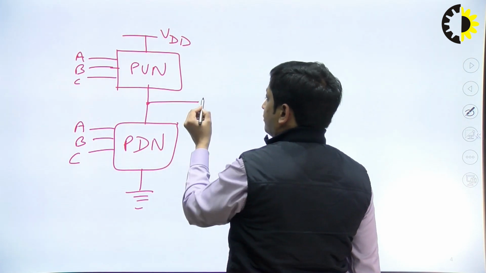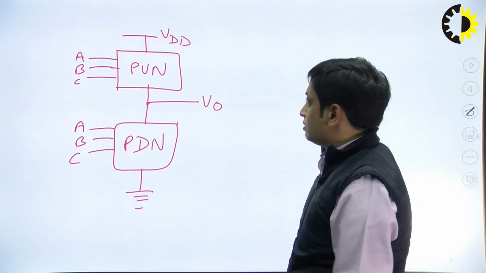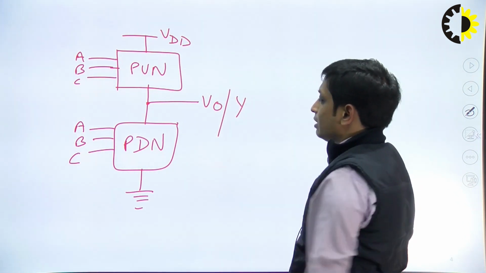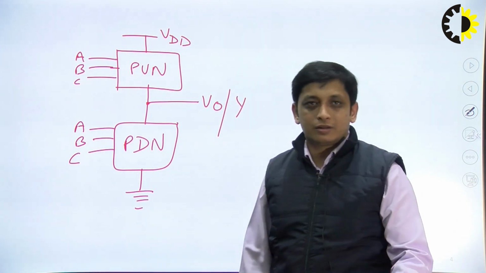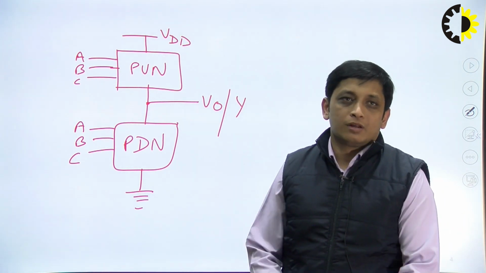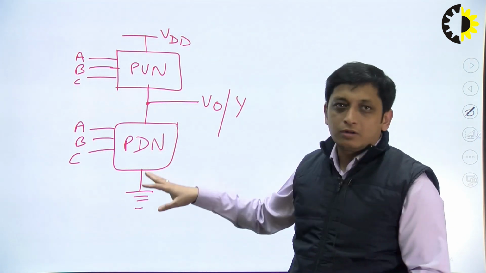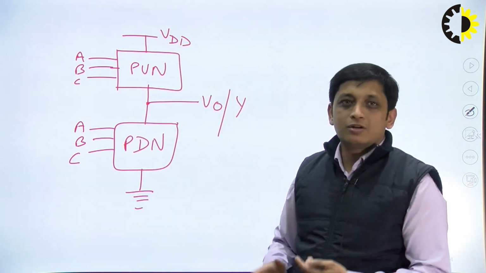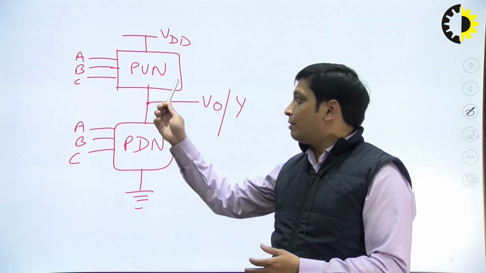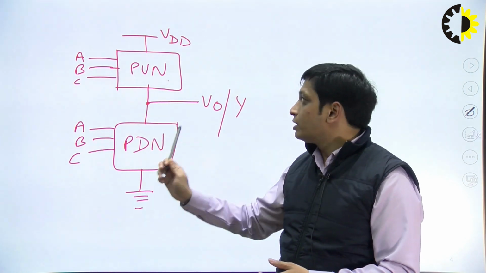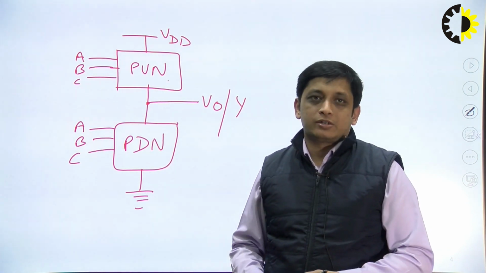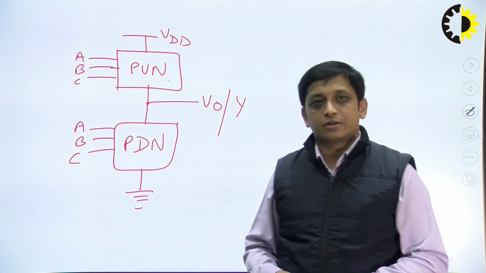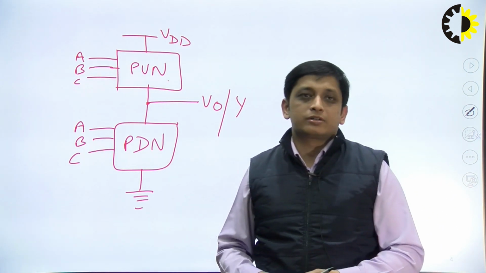From the drain we take the output V0, or we can say the output expression, that is Y. Anything we can take, that is just the notation. When we combine this pull up and pull down network, the overall structure is called the CMOS structure, with PMOS transistors as pull up and NMOS transistors as pull down. That is the general structure of CMOS logic circuits.